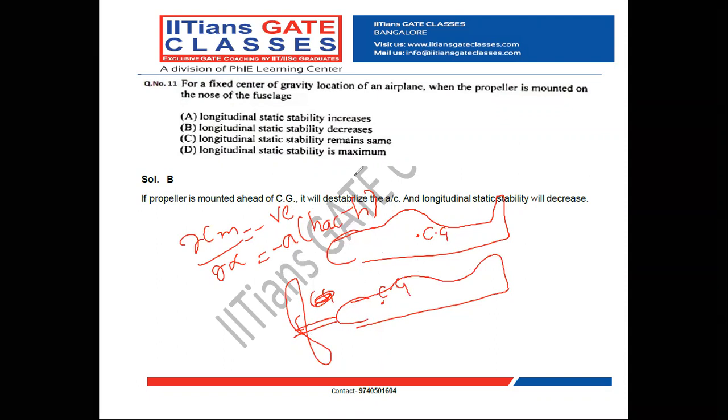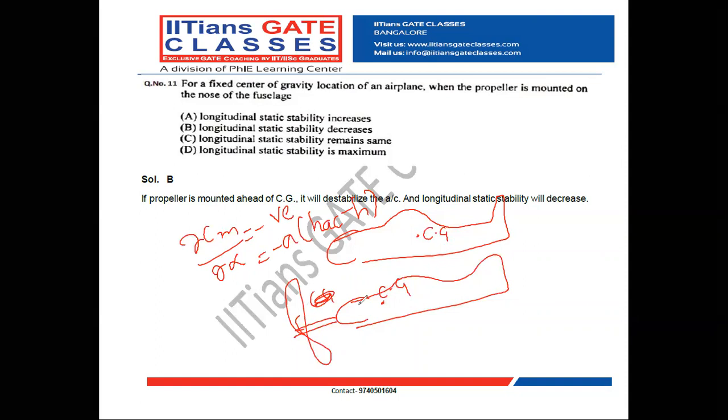But here the given condition is fixed center of gravity. That means center of gravity is not changed. If the center of gravity location is not changed, it will have the same longitudinal static stability, because with and without propeller, the center of gravity location is not changed.